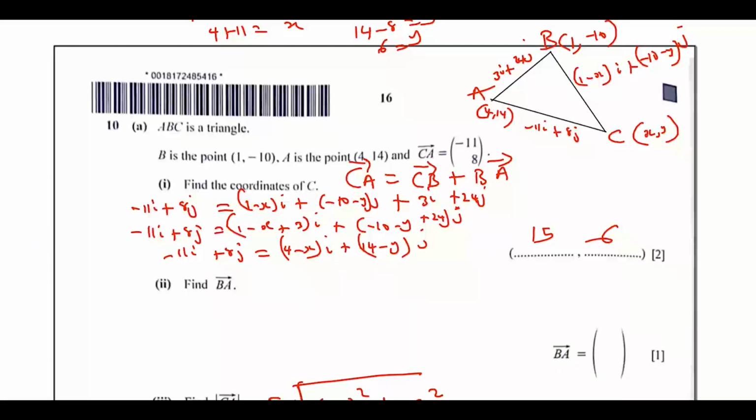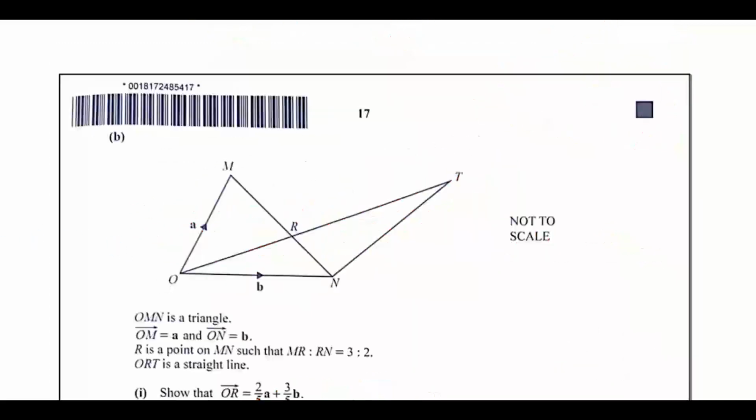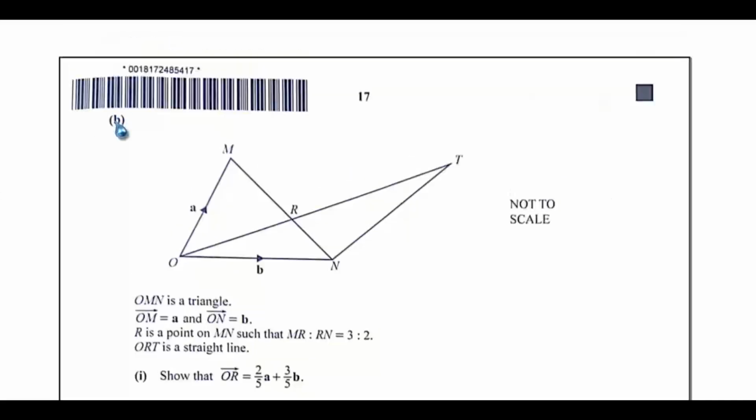Okay, so let's go to the next question. So that will be this question. It's from paper 058041 October November 2023. OMN is a triangle.